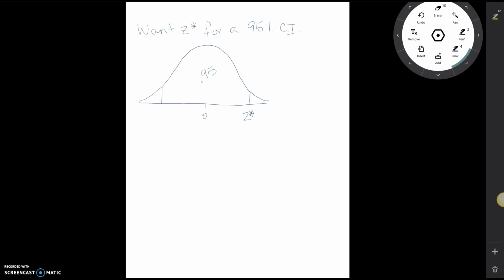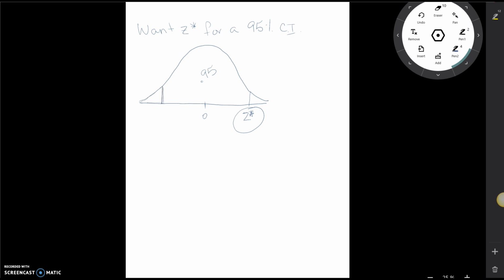So how can we use the standard normal table to help us? Well, remember that the standard normal table will give us the areas to the left of a point. So if we want this endpoint right here, the area to the left of this point has to be the 0.95, and then we also have to account for this piece right here.